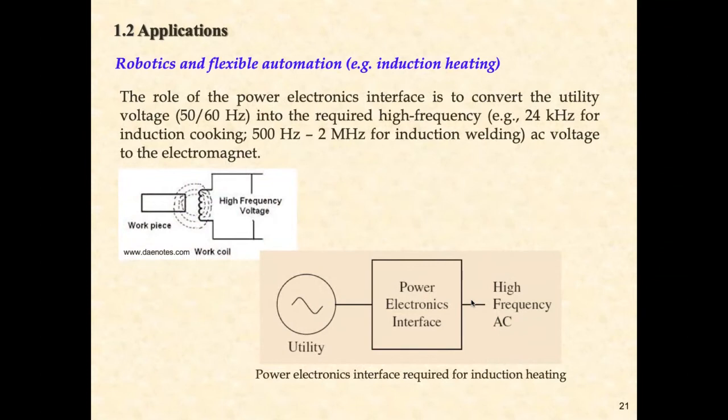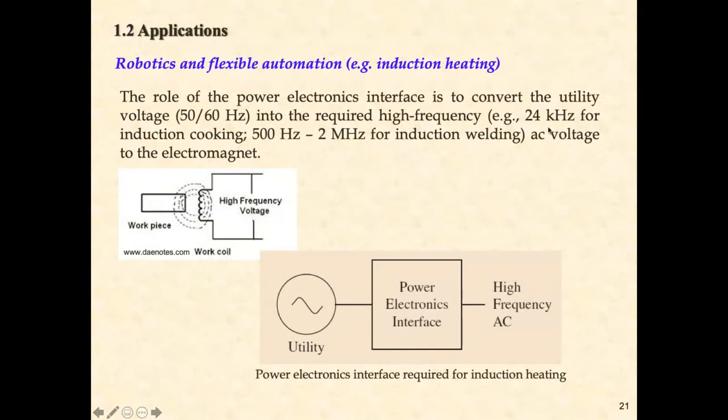Okay, and then the other application, induction heating. I guess some of you may have one at home. Inside the induction heating cooking machine, there should also be a power electronics interface to convert the AC source to AC again, but the frequency is different.